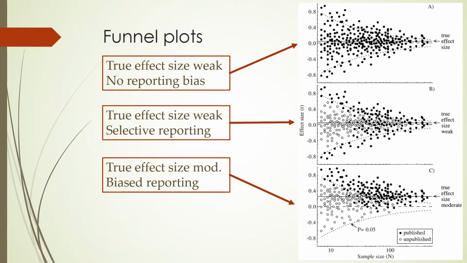If we look at the top graph, this is an example of a situation where the true effect size is weak and there's no reporting bias. So regardless of sample size, the information was published in the peer-reviewed literature, and you see an even distribution of the effect size around the true effect size, regardless of sample size.